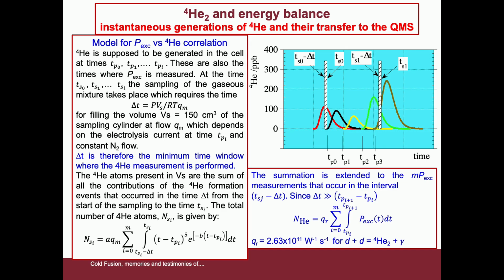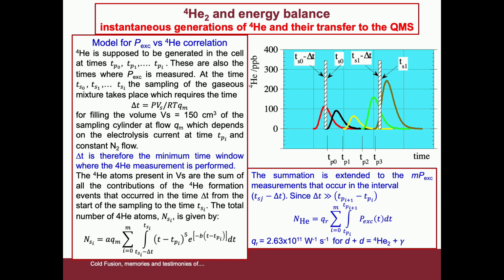The total number of helium atoms, NSi, is given by this relation. The figure schematically shows this type of reasoning. In the equation below, the summation is extended to the number of points where the excess power was measured.